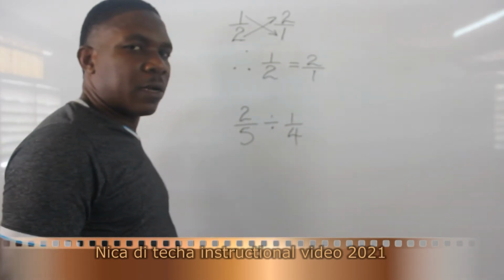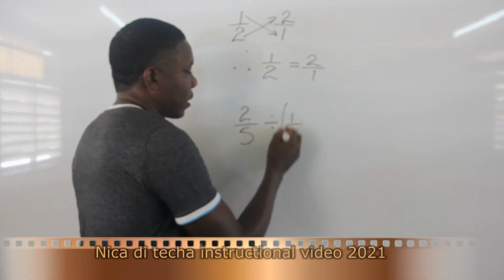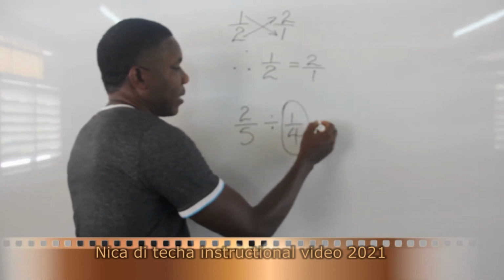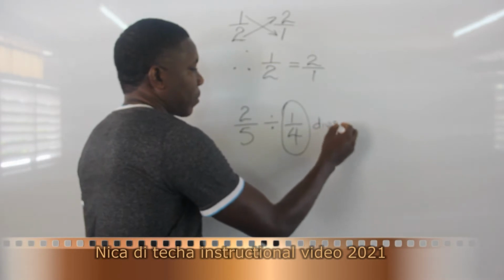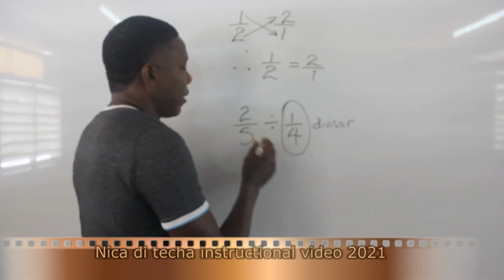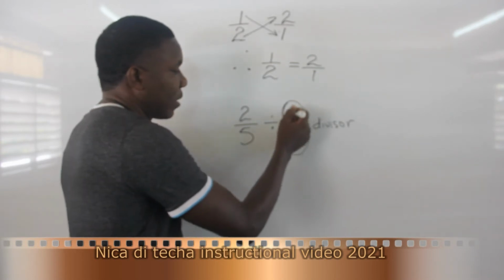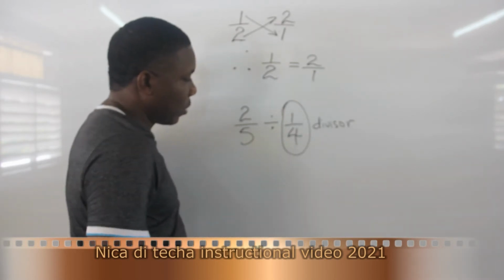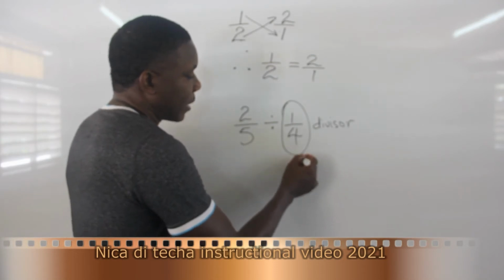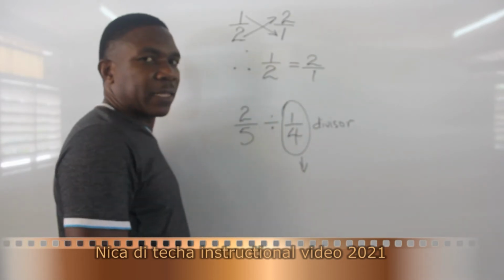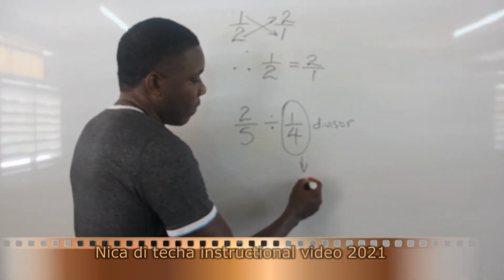So remember, learners, that this fraction is our divisor, right? So we're dividing this fraction by this fraction. So this fraction is our divisor. So what we'll do is find the reciprocal for our divisor, which is now 4 upon 1.